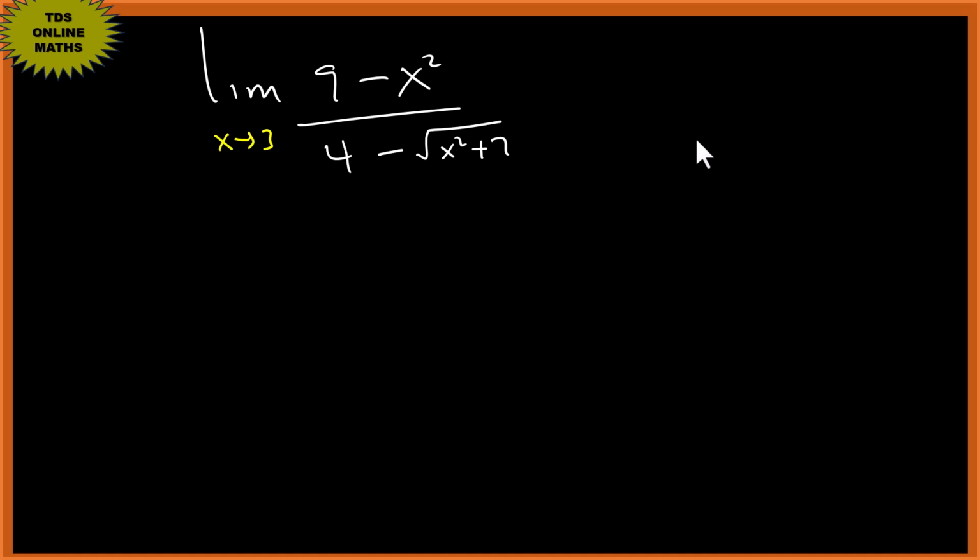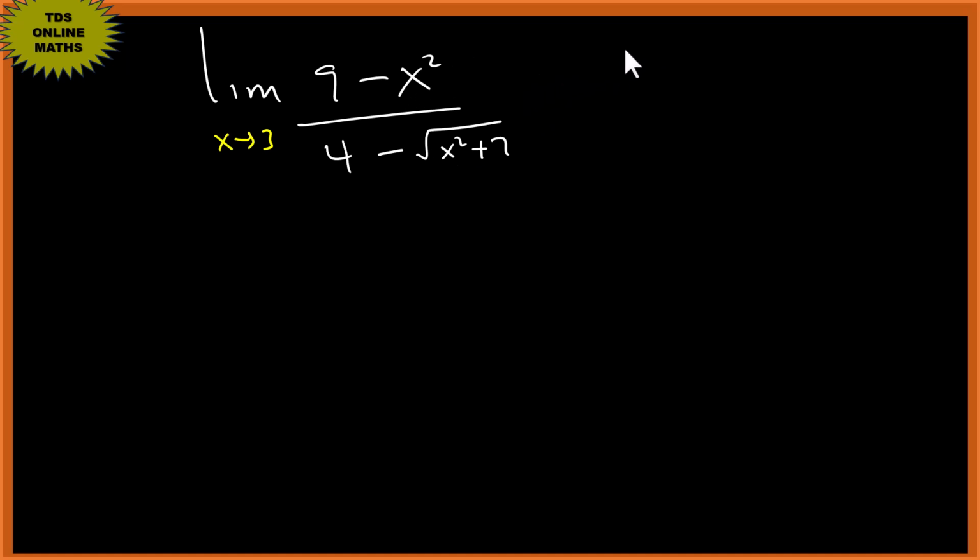All right, let's evaluate this. Now if I plug in 3 here, it will be 9 plus 7, 16, that is 4. So 4 minus 4 is 0. Then if I do the same to this side, x goes to 3, which will make this one go to 0 over 0.